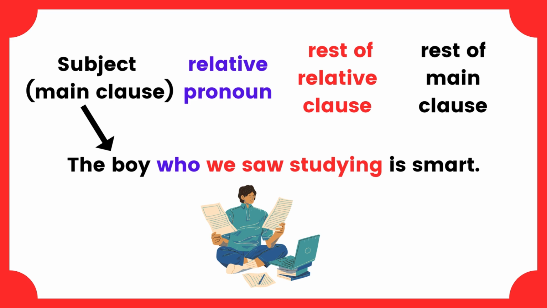The boy is the subject of the main clause. Who is the relative pronoun of the relative clause. "We saw studying" is the rest of the relative clause. And then "is smart" is the rest of the main clause.